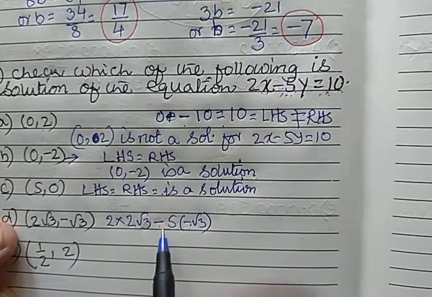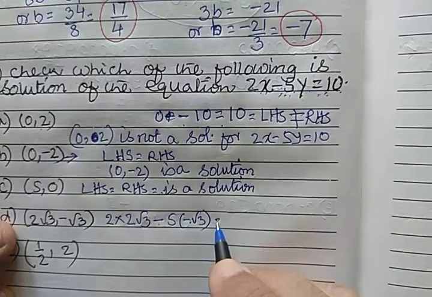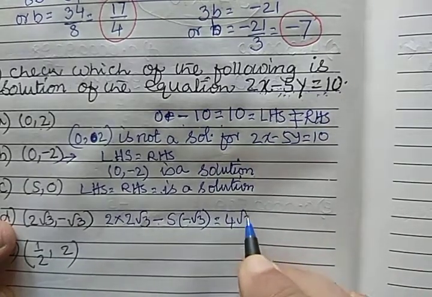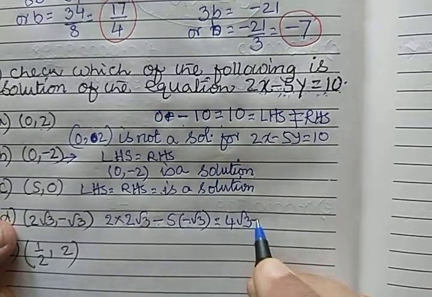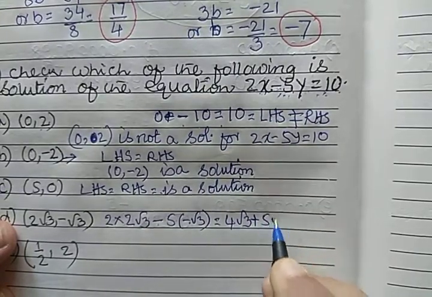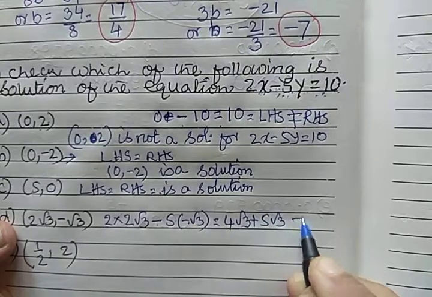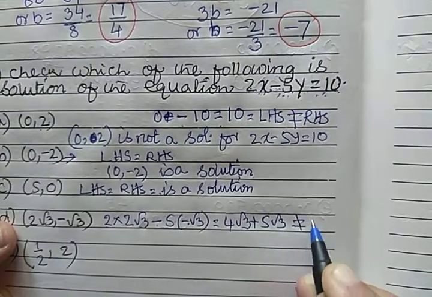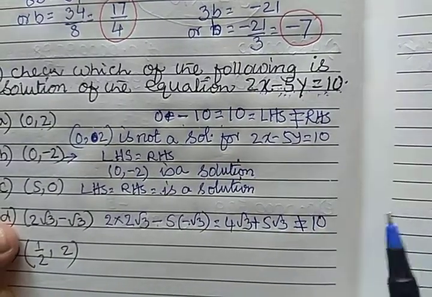Minus into minus is plus, so 4√3 plus 5√3. Is it equal to 10? No, it is not equal to 10.